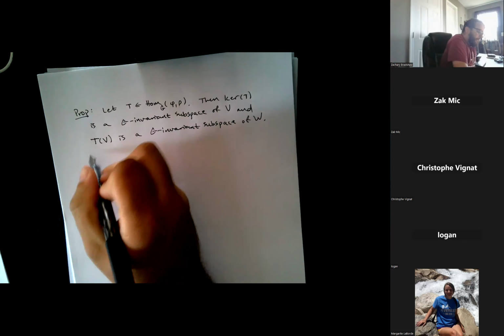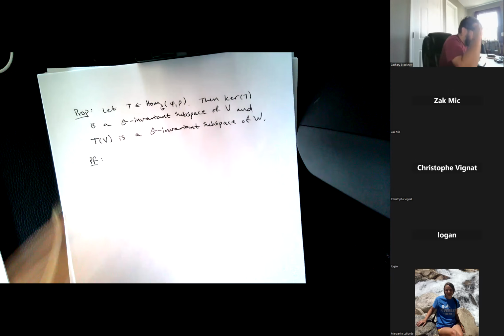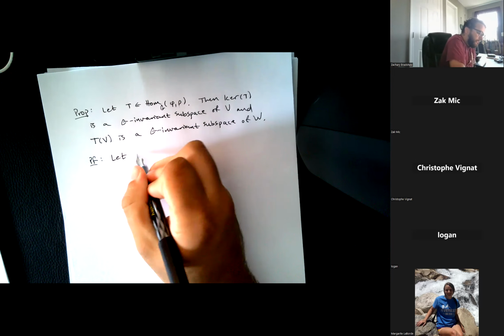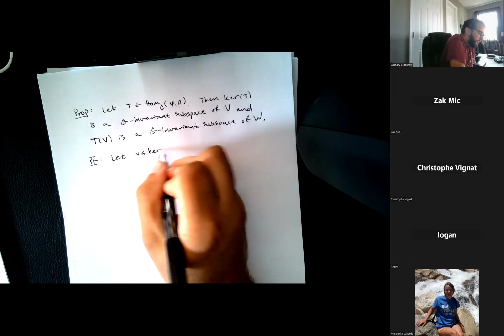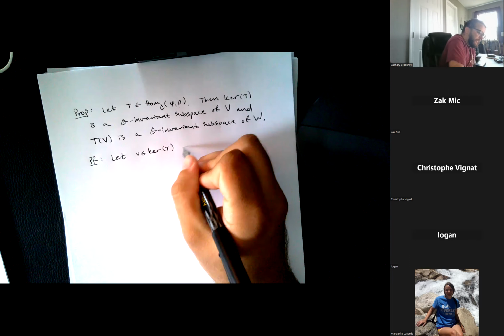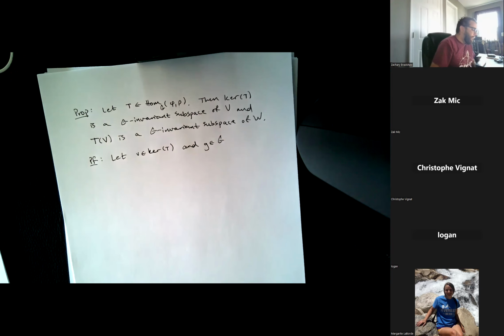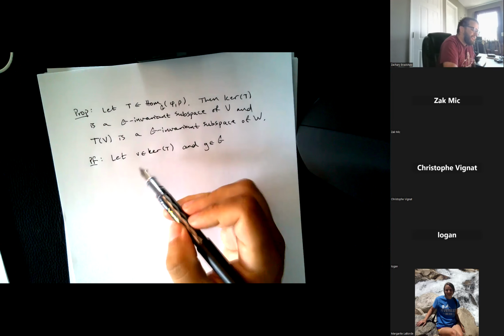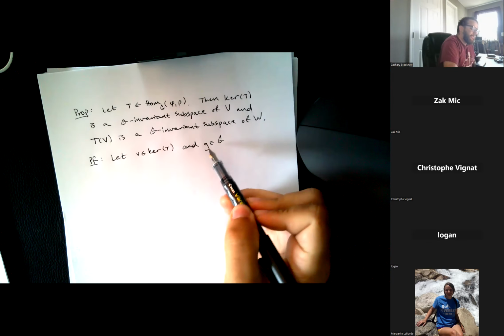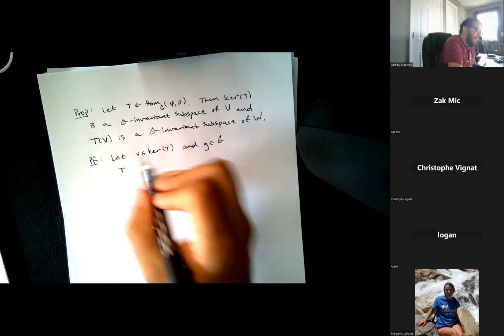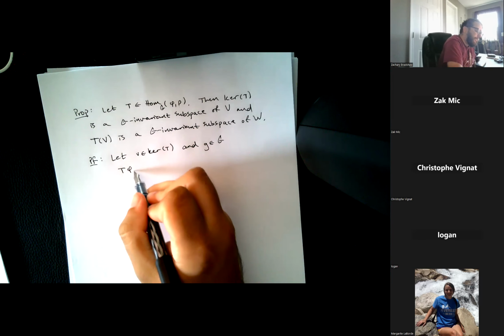So, the proof is very simple. You let v be an element of the kernel and g be in G. What do we want to do? Well, we want to show that if we apply phi g to v, then it's still in the kernel of T. How do we test that? We apply T to phi g v.